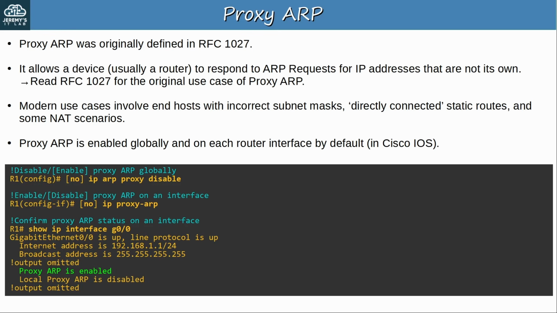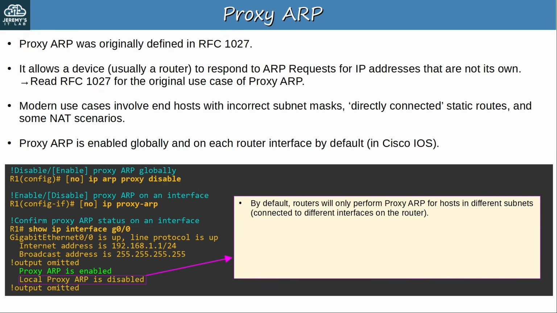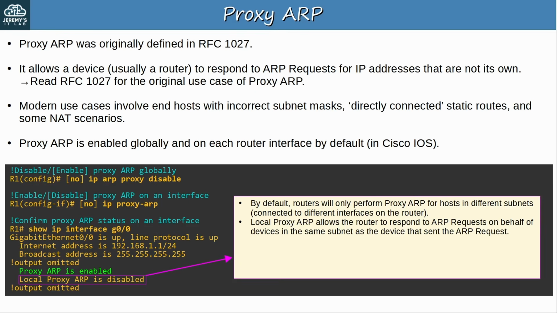This is the default setting, and I want to point out the line below it also. "Local Proxy ARP is disabled." By default, routers will only perform Proxy ARP for hosts in different subnets, so hosts connected to different interfaces on the router. However, local Proxy ARP allows the router to respond to ARP requests on behalf of devices in the same subnet as the device that sent the ARP request.